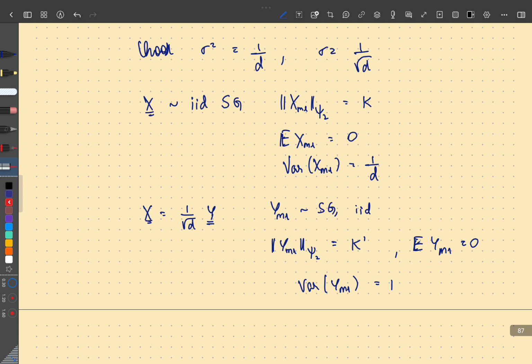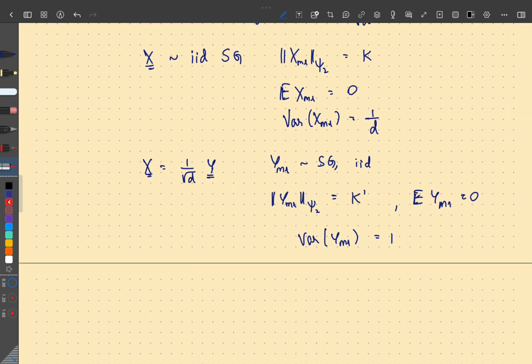If I scale the random variable by some amount alpha, the sub-Gaussian norm also gets scaled by the same amount alpha. So I want the sub-Gaussian norm to be some constant independent of the dimensions and n and so on. And if I interpret everything through the matrix Y, then all of the parameters of the components of the matrix Y are constants which are independent of little d, capital D, as well as n.